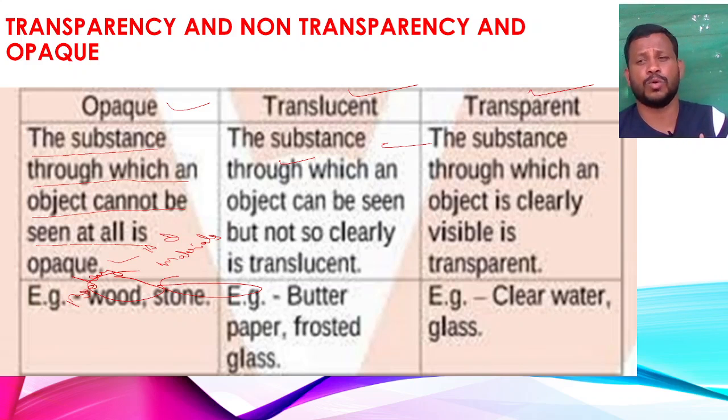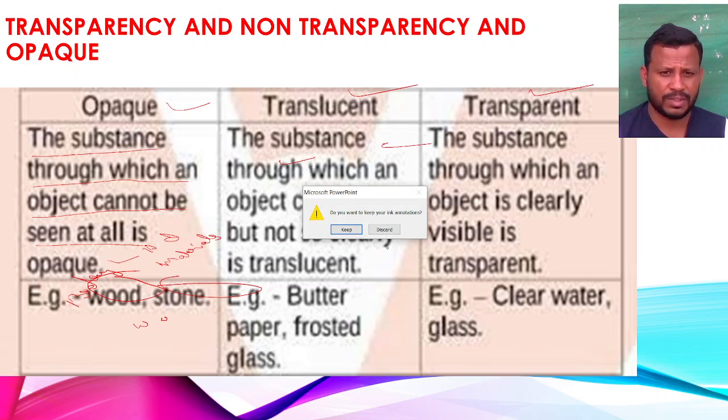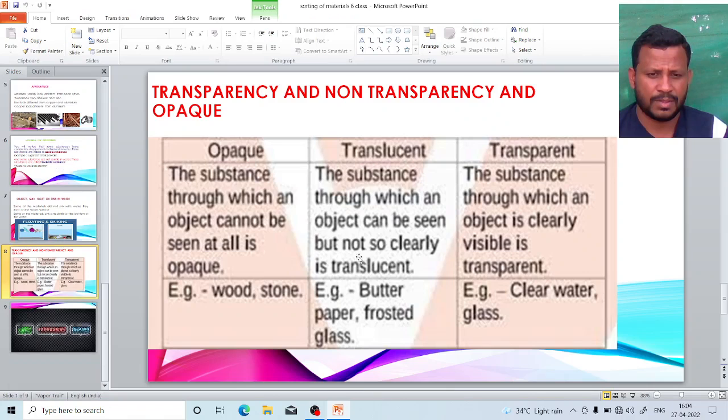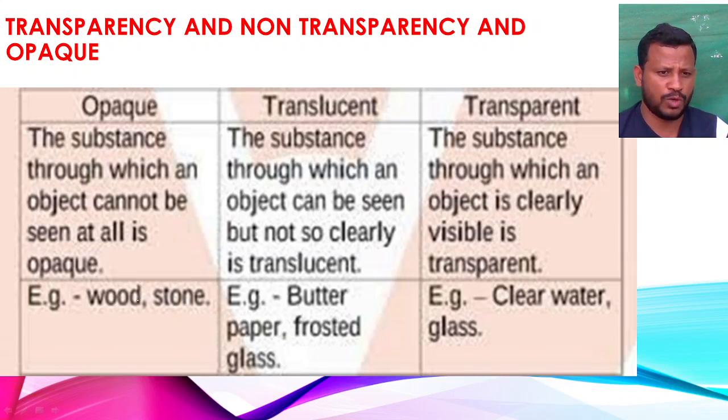Our body is also opaque, and the walls of our homes. You can take these, wood, stone and walls, as examples of opaque bodies.